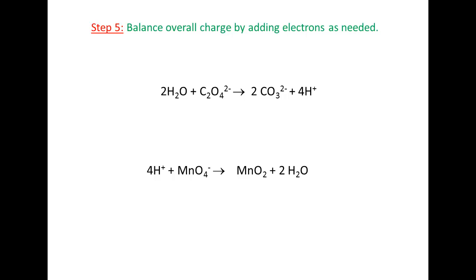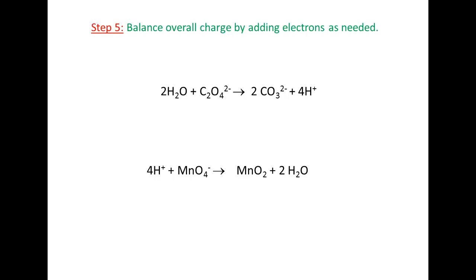These are the electrons involved in the actual redox reaction, where one reactant donates electrons and one receives them. If we balance our charges correctly, one reaction should have electrons on the left side and one on the right side, so that we have both a reduction and an oxidation happening in a redox reaction.